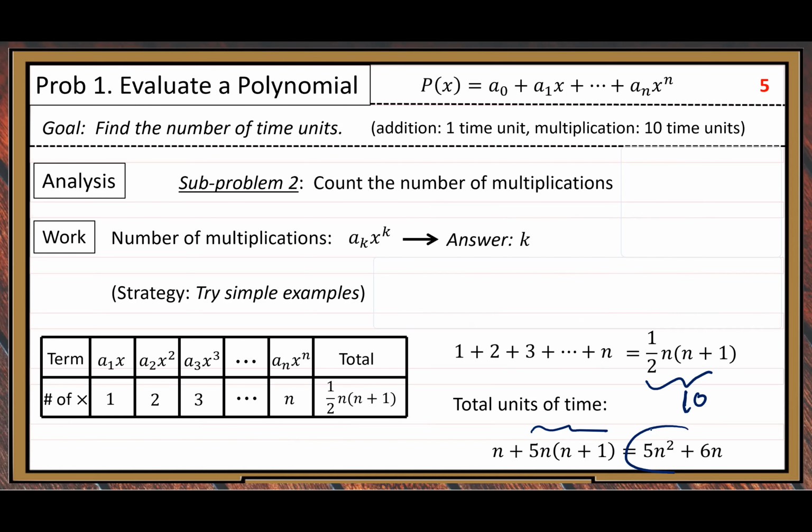But at least we know we want to reduce this number, 5n squared plus 6n. So the goal of our next round is to reduce this number significantly.